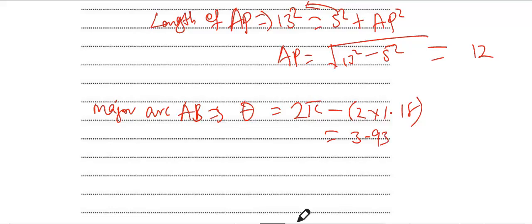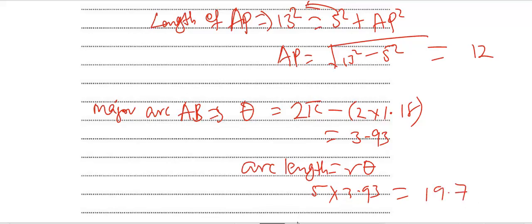You should be able to get 3.93, and we know the formula for arc length, because the question is asking for arc length, is always given by r theta. So r, we have 5 multiplied by 3.93, so we should be able to get 19.7.